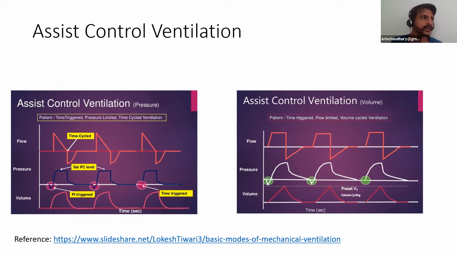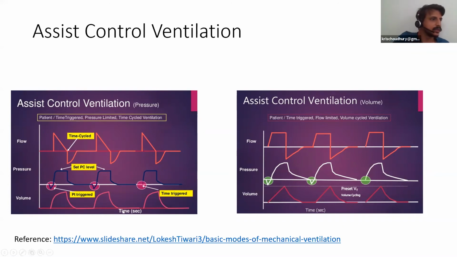And you can see here in assist control ventilation, the ventilator keeps monitoring the breathing mechanics of the lung, and realizes when a patient needs a breath, and only gives a breath when the patient needs it. So the doctor cannot set the number of breaths per minute or something like that. Here the ventilator will only respond to the effort of a patient.